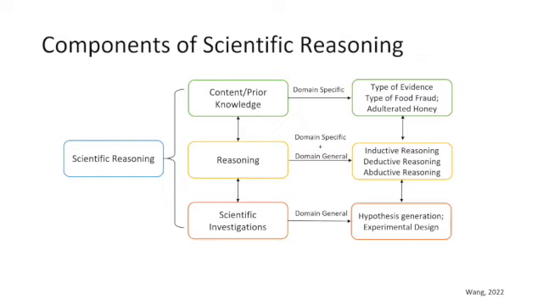For example, when a person knows how to generate a good hypothesis, the skill can be applied to a different context. As for reasoning, when a person reasons about something, the person combines both domain-specific and general knowledge and skill. We will discuss this in more detail in Module 3 when we introduce inductive, deductive, and abductive reasoning.